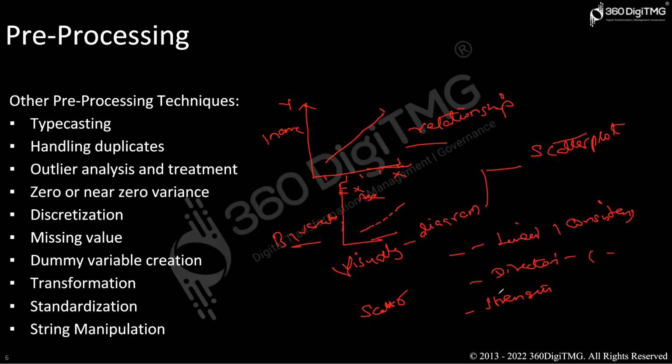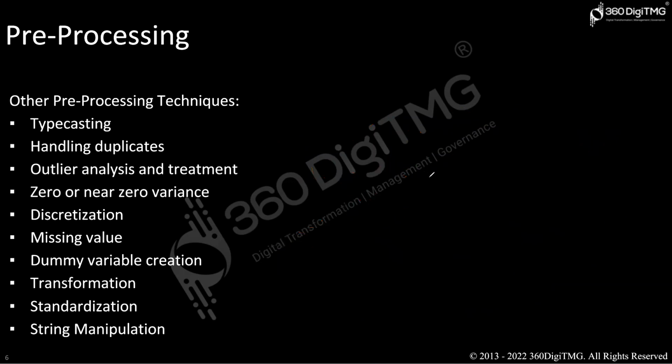What is a positive direction? When your X value is increasing, if the Y value is also increasing, that's called a positive relationship. When the X value is increasing and the Y value is decreasing, that's called a negative relationship.